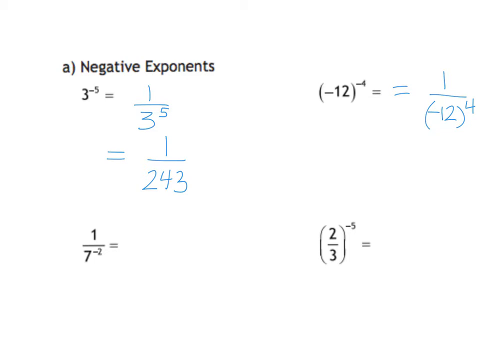So then I'm going to do negative 12 to the power of 4, and this becomes 1 over 20,736. If you're doing this on your calculator, negative 12 to the power of 4, anytime that the base is negative, you need to put it inside brackets on its own. So go bracket, negative 12, bracket, and then to the power of 4.